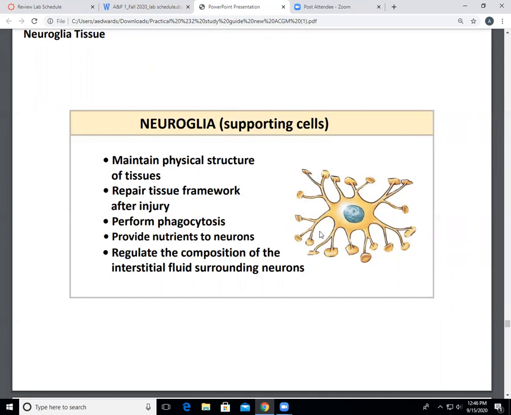They perform phagocytosis, which is eating other things that are bad for you, like microorganisms. They can provide nourishment and nutrients to the neurons. And they can regulate the composition of the interstitial fluid that surrounds the neurons. Remember, interstitial fluid's another way of saying extracellular fluid.